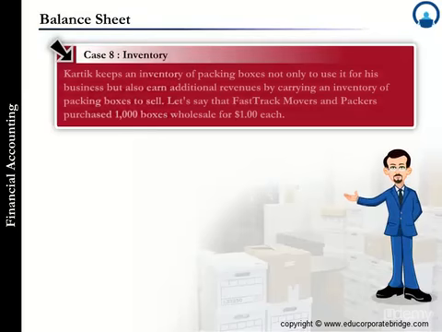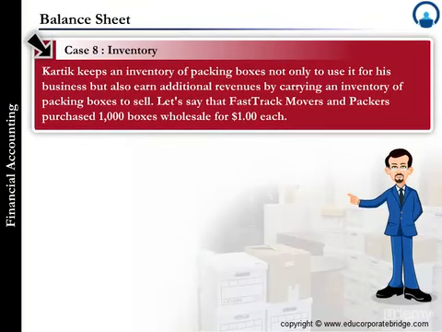Case Study 8. Inventory. Karthik keeps an inventory of packing boxes not only to use it for his business but also to earn additional revenues by carrying an inventory of packing boxes to sell. Let's say that Fastrack Movers and Packers purchased 1,000 boxes wholesale for $1,000 each.